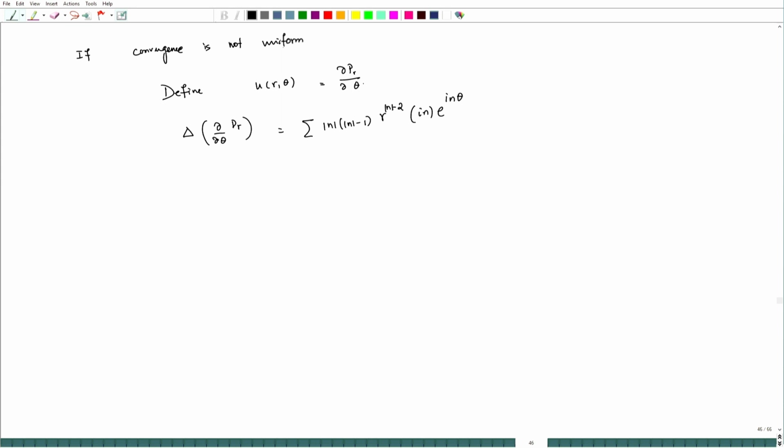Similarly, the second one is going to be mod n r to the power mod n minus 2, because the 1 by r factor is there, and this is i n e to the power i n theta. And then the third one is going to be r to the power mod n minus 2, 1 by r square, and then differentiating twice in theta, this is i n into minus n square, e to the power i n theta. Now, if we add all this, what we are going to get? This is 0.